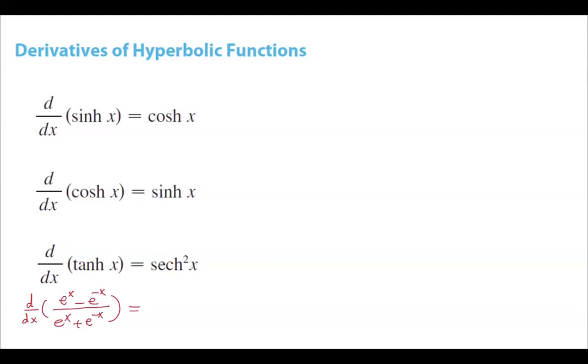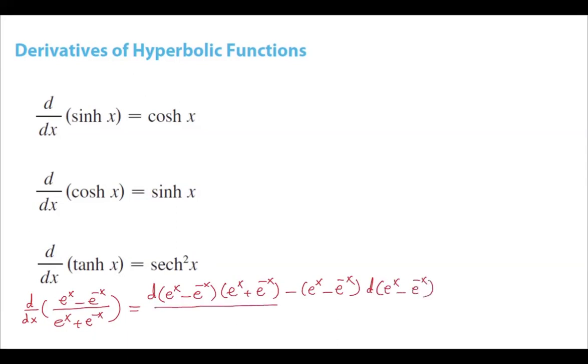You're going to take the derivative of e to the x minus e to the power minus x, times e to the x plus e to the power minus x, minus, you're going to copy down e to the x minus e to the power minus x, and then take the derivative of the denominator, and divide everything by the denominator to the second power, e to the x plus e to the power minus x, to the second power.